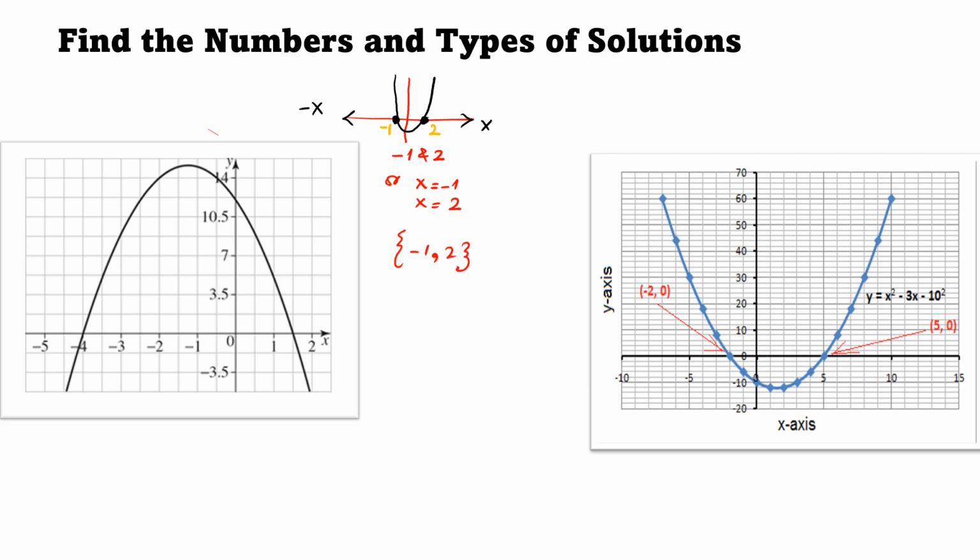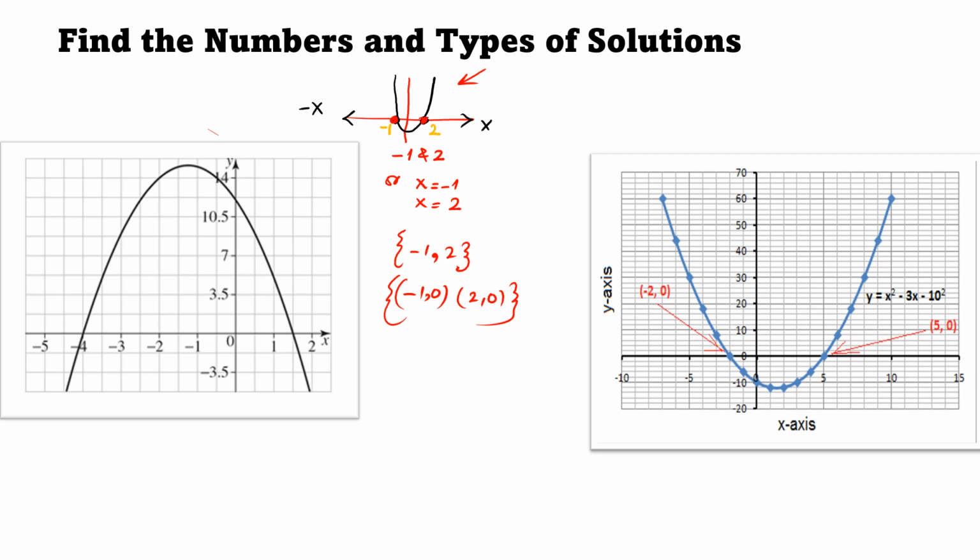They can also be written in the form of coordinates as -1, 0 or 2, 0. So these are the ways to express the solutions. But the main thing is that wherever the graph intersects the x-axis, those are the solutions.